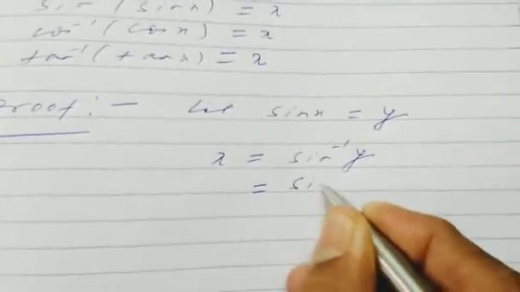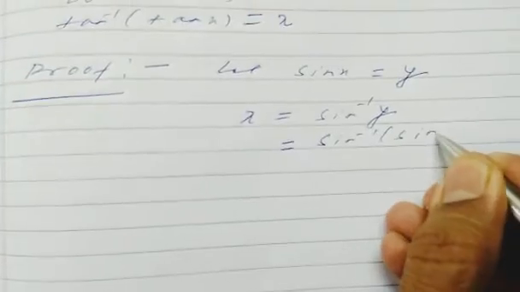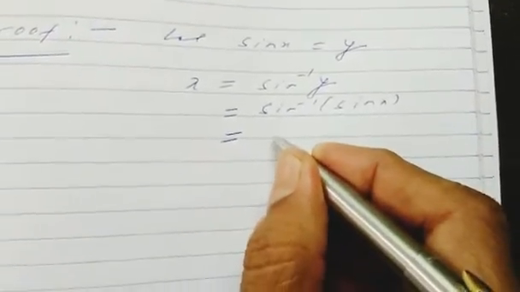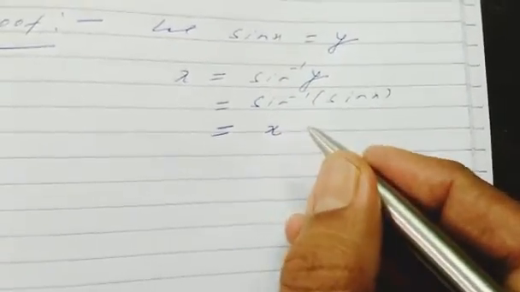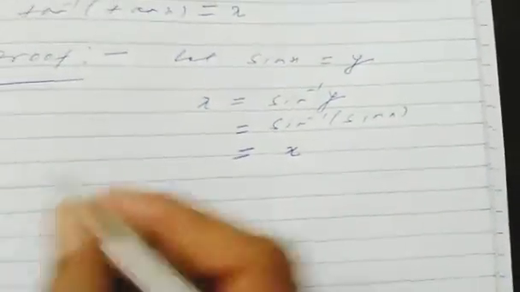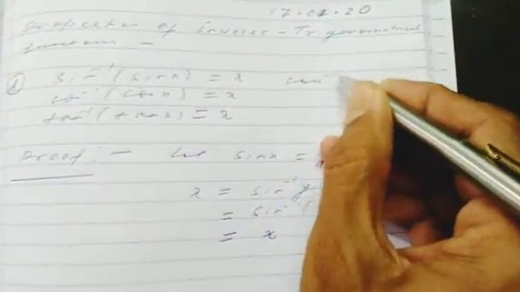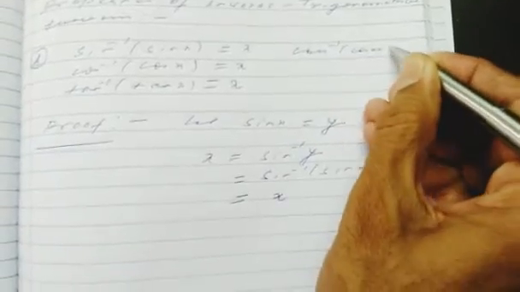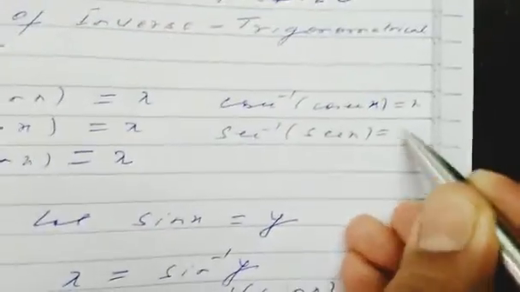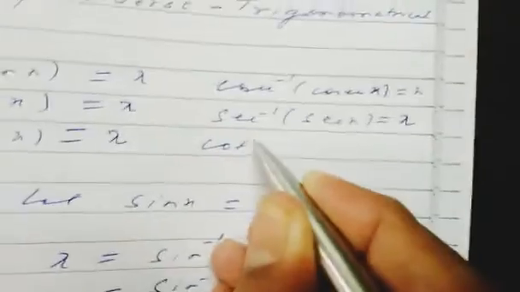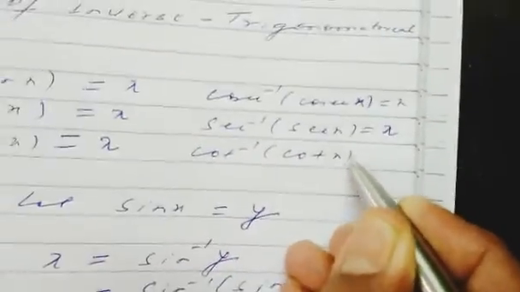Therefore, sine inverse of sine x is equal to x. Similarly, we can go with the other concepts: cos inverse of cos x is also equal to x, sec inverse of sec x is also equal to x, and cot inverse of cot x is also equal to x. So these are the concepts and we can prove them like this.